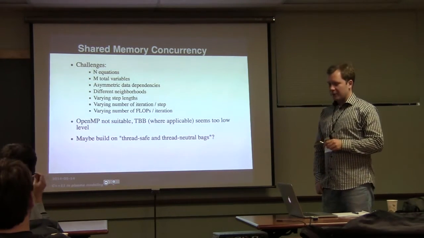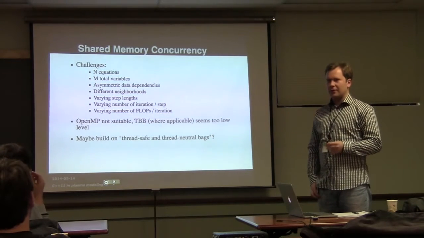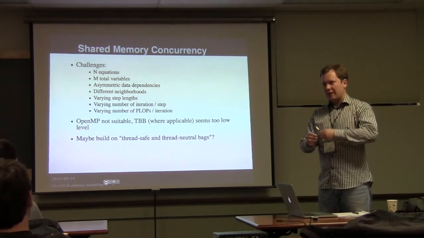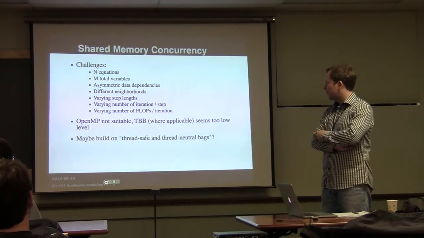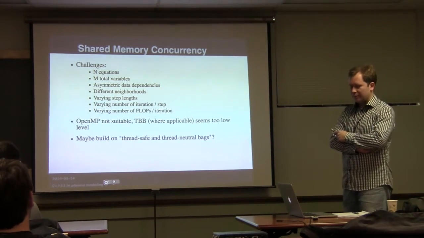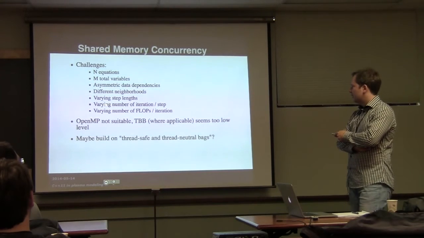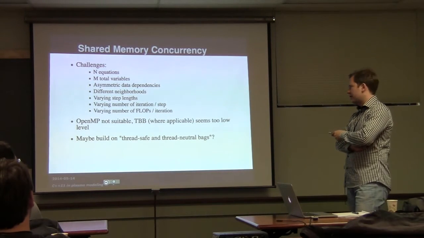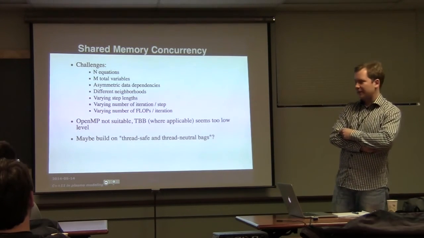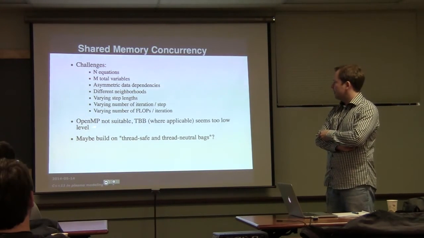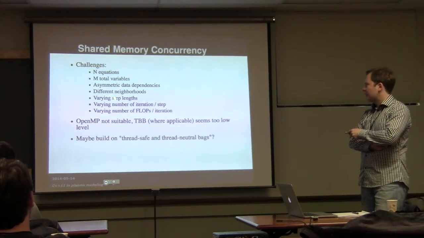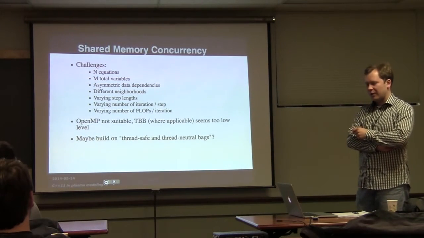And also depending on which solver or which implementation of a solver you're using, the distance from which you have to wait for the data is also different. Also the time steps between different models or equation sets can be different, the number of iterations for each step can change, and the number of floating point operations can be quite different. And so for this type of a system, OpenMP is not really suitable. Well, you can't really do this efficiently with just pragmas.